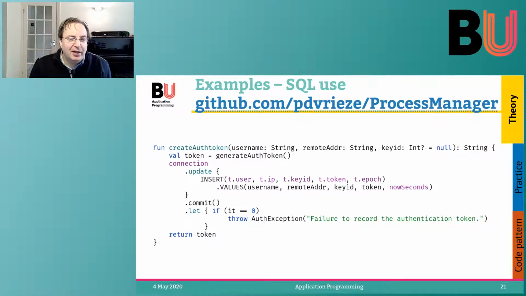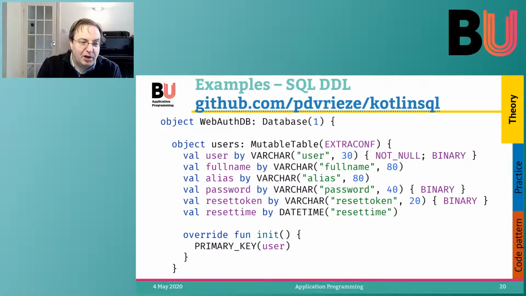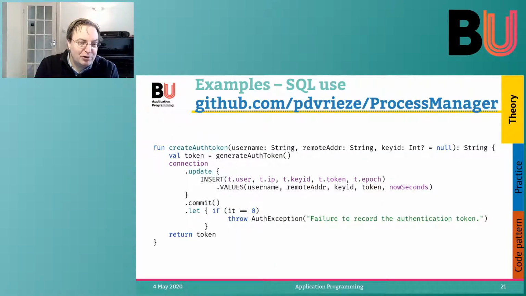This tries to stay very close to how SQL works, but there is a major difference. These column references come from our previous table, so this users object has these properties that are columns. So we can use those columns here. T is basically a shortcut for this particular table.